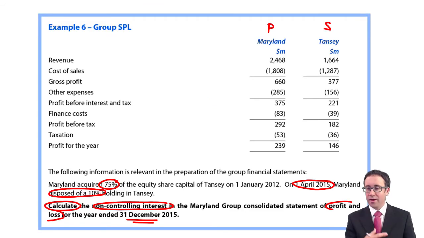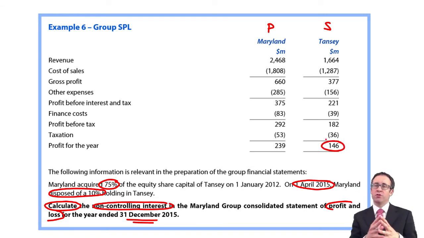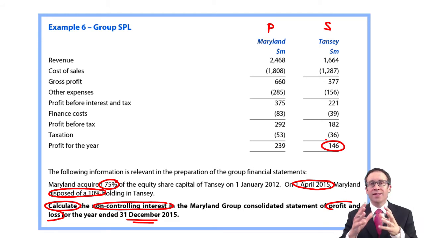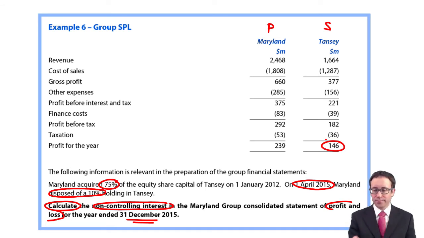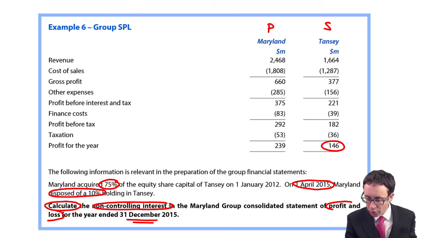Because what we've got there is that Tansy has made profits for the year of 146, and we assume that those profits accrue evenly during the year. And we need to calculate the non-controlling interest share of those profits during the year. Now, the issue that you've got there is of those profits, let me just go back, was it of 146?